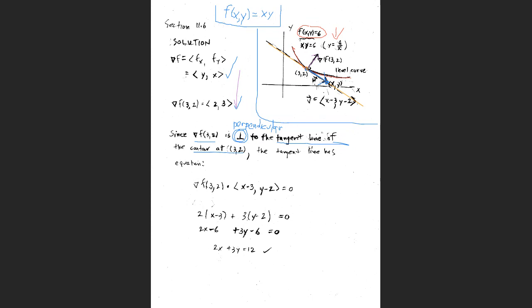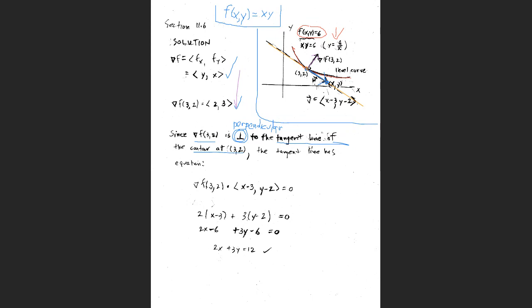That is an observation that we have made, based on other pictures we saw in the last class. We had a graph where we had level curves of a function and the gradient vector was perpendicular to the level curves, and that is a property of the gradient function. And so, of course, if the gradient vector is perpendicular to the level curve at the point 3, 2, it's going to be perpendicular to the tangent line at 3, 2.